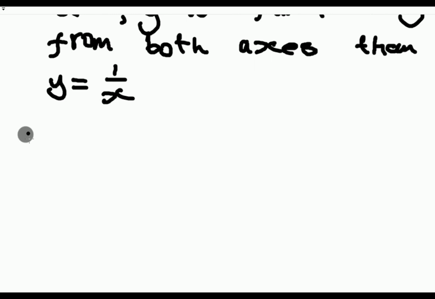So obviously we have to get to what happens if a is less than minus 1.